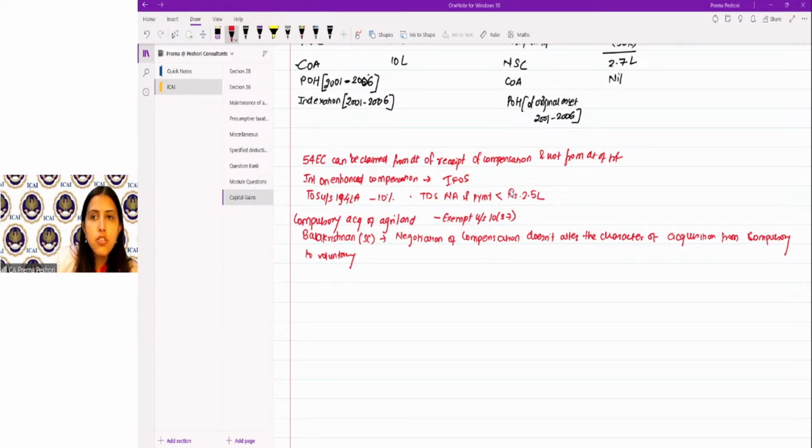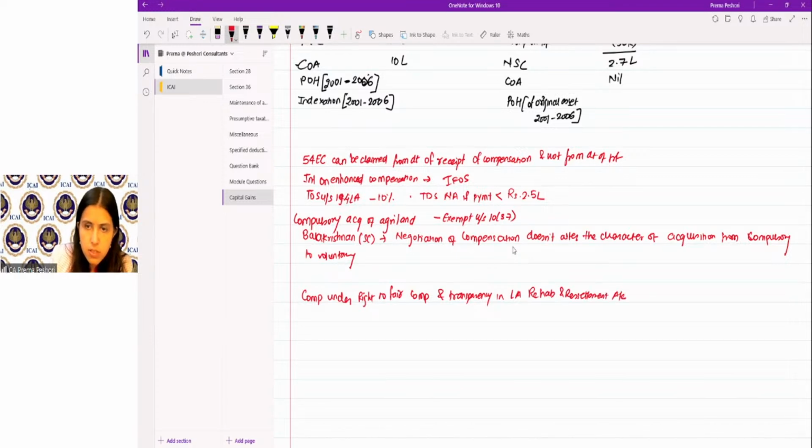If there is compensation under the Right to Fair Compensation and Transparency in Land Acquisition, Rehabilitation and Resettlement Act, if the compensation is received under this particular act, then also it is exempt. Clear? Are we clear?